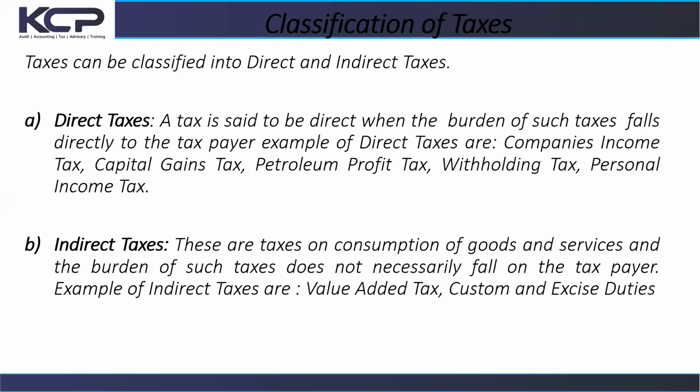So examples are the personal income tax, capital gain tax, company income tax, petroleum profit tax, and possibly the stamp duty. Then indirect taxes are those taxes that are transferable. It is only borne by the final consumer. So it's not the immediate payer that actually bears the immediate burden.